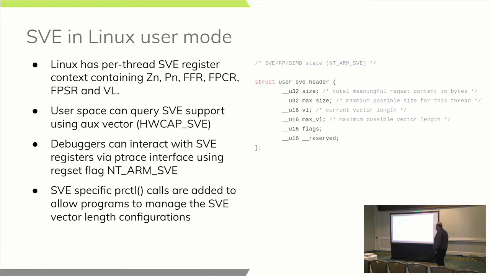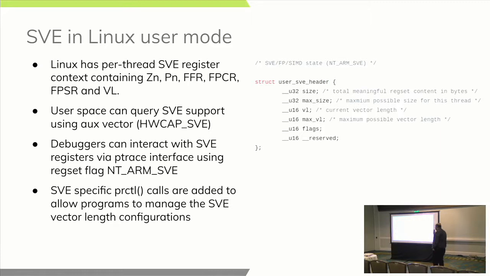So for that purpose, debuggers can use the ptrace interface to ask for SVE capability, which I'm going to be talking about in a bit of detail shortly. And then user applications can configure SVE based on process control, prctl, calls, and they can control the currently configured vector length, and also configure the SVE data based on whatever their requirements are.